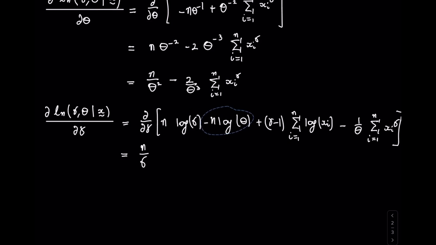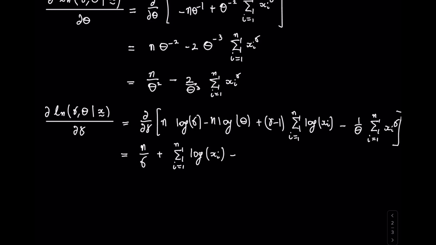The second term doesn't depend on gamma. Differentiated with respect to gamma is not an issue for us, so it collapses to 0. This one here, there is a gamma here. It's got a gamma and it's technically got a constant out the front. So when factoring this out, this would give us plus the sum of i equals 1 to n of log xi, and that's it.